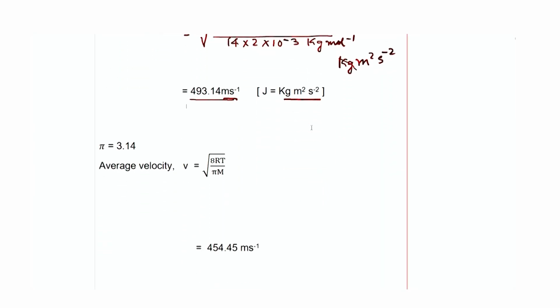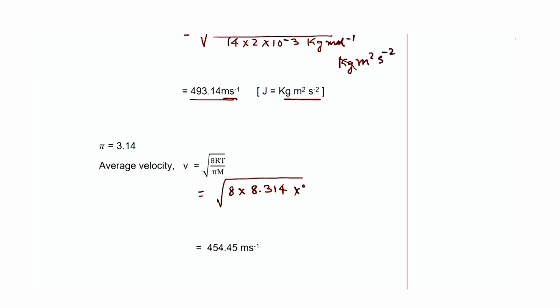Now, we want the average velocity. Average velocity V is equal to square root of 8RT by pi m. All these values we have already written there. So, I can just write it here itself. The value 8 into R, 8.314, temperature was 273, whole divided by the value of pi, 3.14, and molecular mass is 14 into 2 into 10 to the power minus 3.